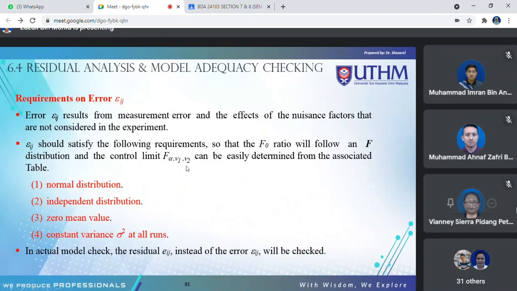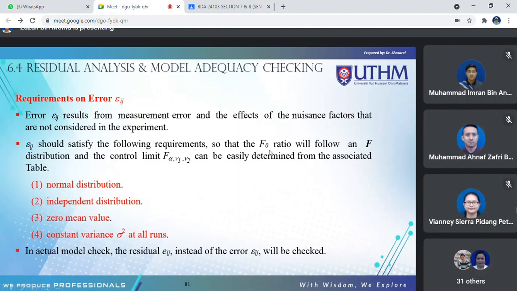We have already learned how to read the F alpha, V1 and V2. And we have to do the judgment by looking at F alpha, V1, V2, and F0.